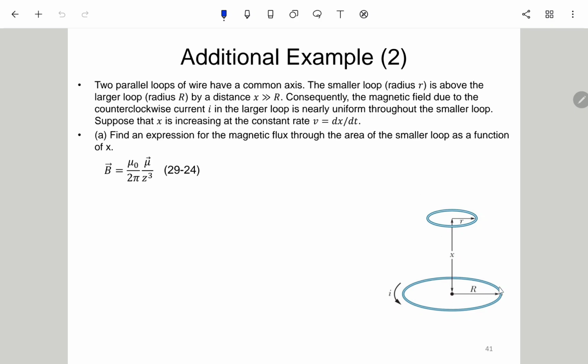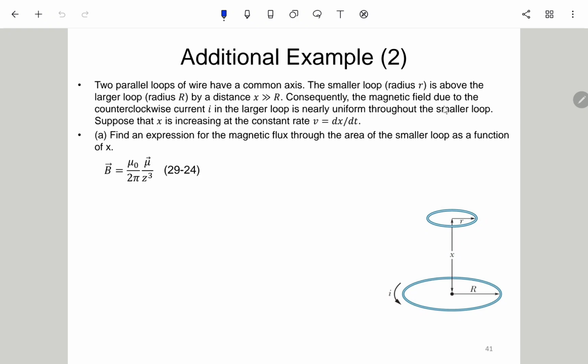So we have two loops, one larger and one smaller, and the smaller one is higher by a distance x, and this x is much larger than capital R. Although in this figure x and R are similar, it is a little bit longer than R, but it actually says x is much longer than capital R.